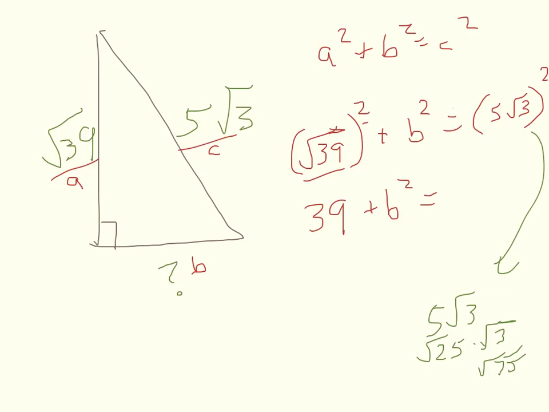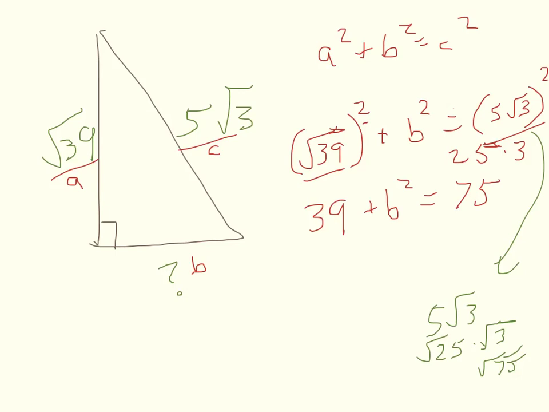But let's just solve it straight here. We'll take this 5 squared and get 25. And then this square root of 3 squared just becomes times 3, and 25 times 3 is 75, so you can do it that way.